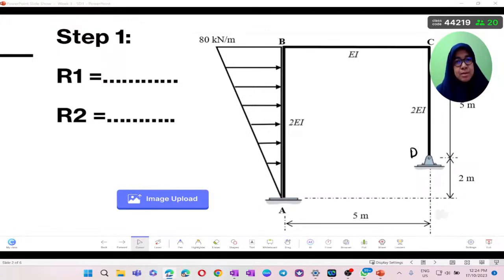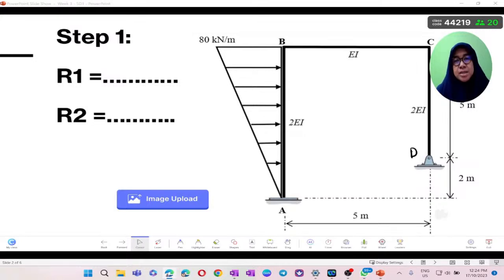We determine the redundant. Redundant forces for 5 unknown reactions. You are free to choose whichever redundant that you want to remove, as long as the frame will be a determinate frame.